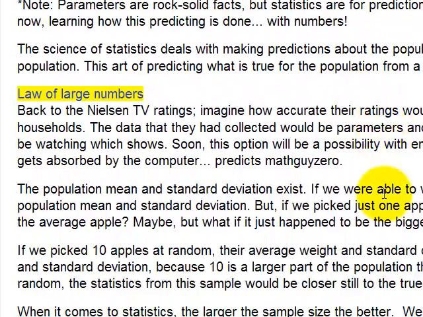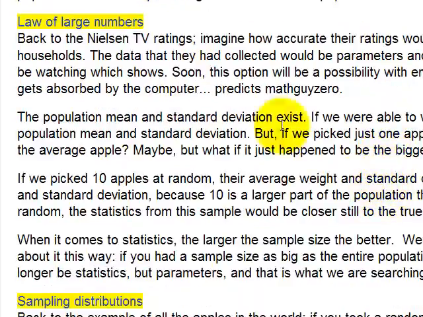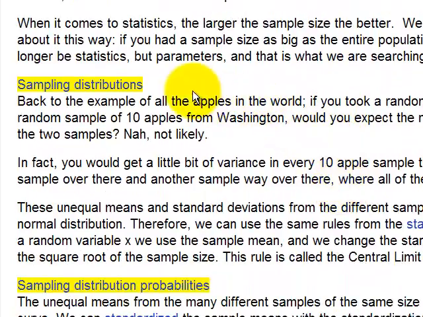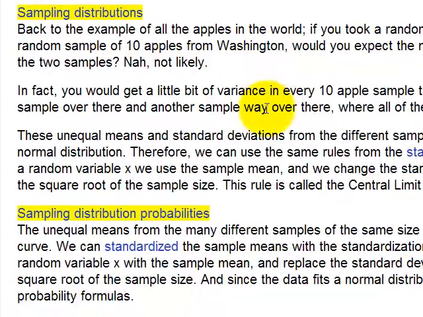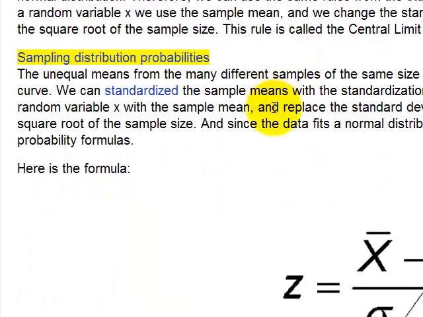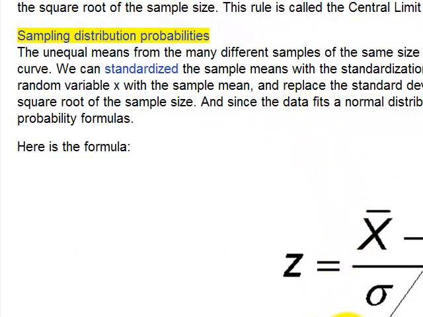And with sampling, we have a basic rule. The law of large numbers states that the bigger the sample size, the more accurate your data is going to be. Again, with the sampling distribution, there is one major thing that you have to know. Hold on again. Let me rearrange this picture here.